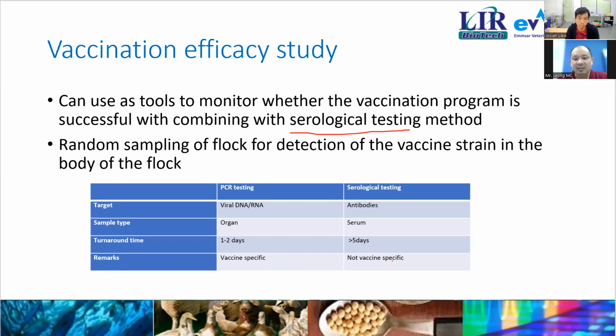Serological tests target antibodies, so they are still unable to differentiate whether it's a wild strain infection or whether it is expressed due to the vaccine?